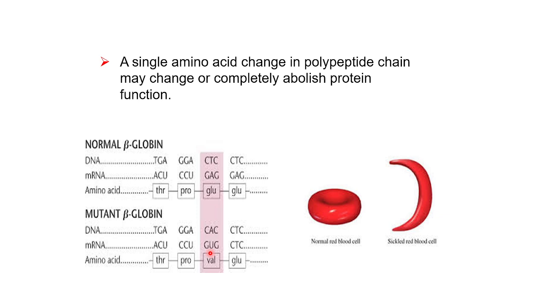Now when there is a mutation occurring within the linear sequence of a protein, it actually hampers the function. For this case, a normal beta globin, that's a normal hemoglobin cell, becomes a sickle cell, and that leads to sickle cell anemia.